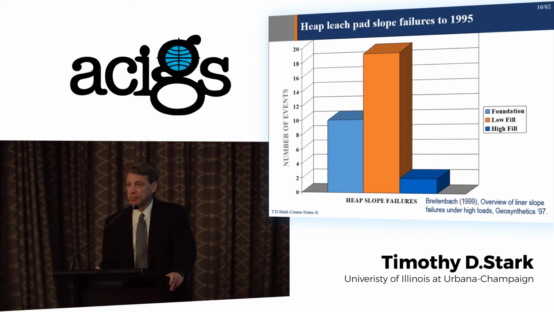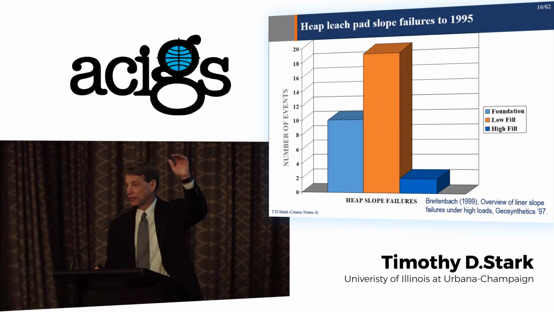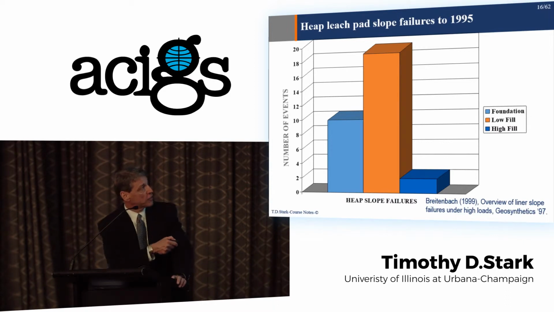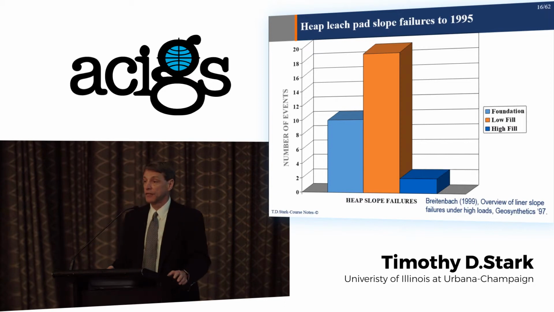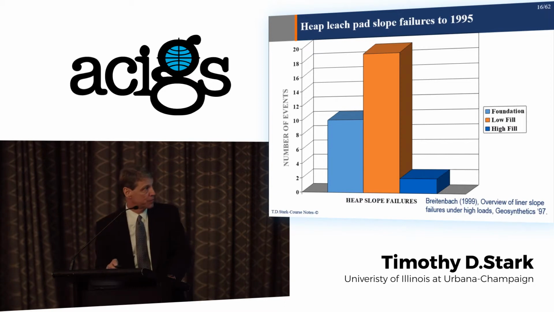I mean, from geotechnical engineering, I would think the high fill would be the case where most of the failures would occur, right? Higher driving force, steeper slope, and so on. But, so it's actually the lower fills. You can see number of events up around 18 to 20 giving problems, okay? Foundation, of course, not too far behind.